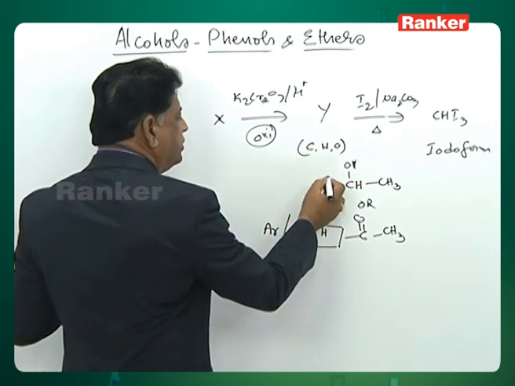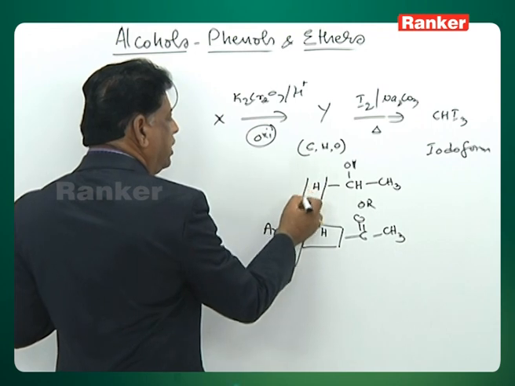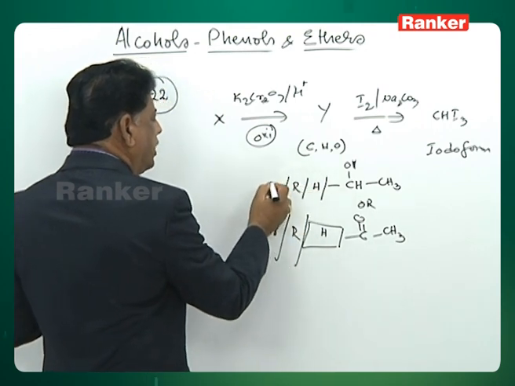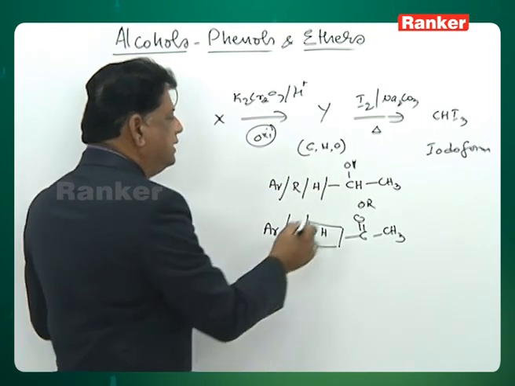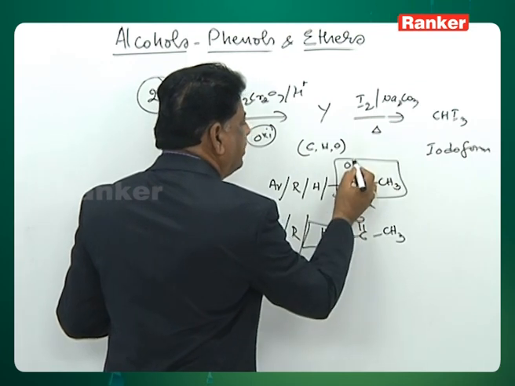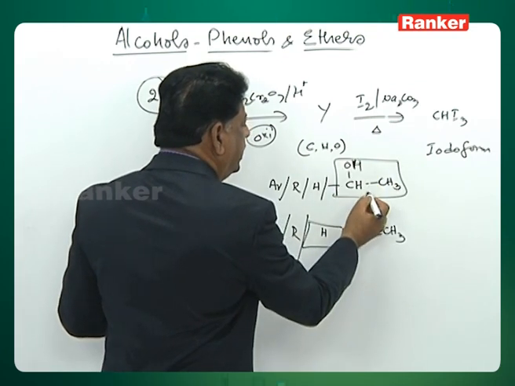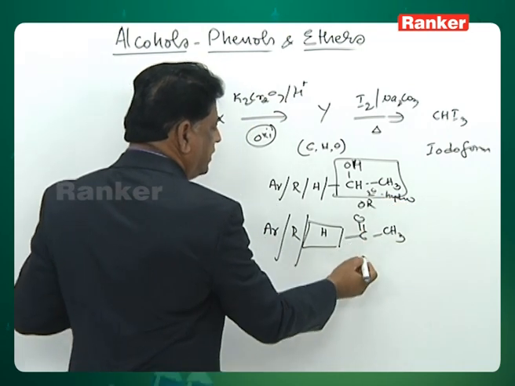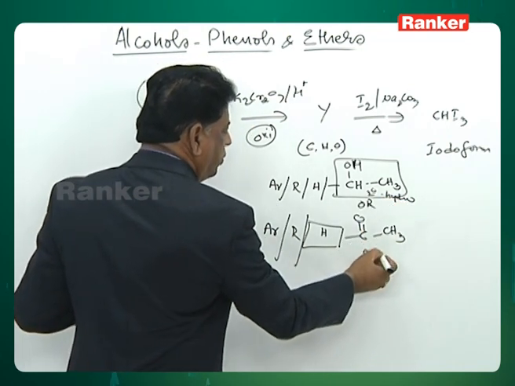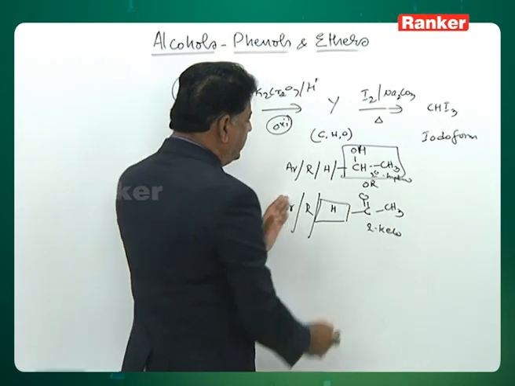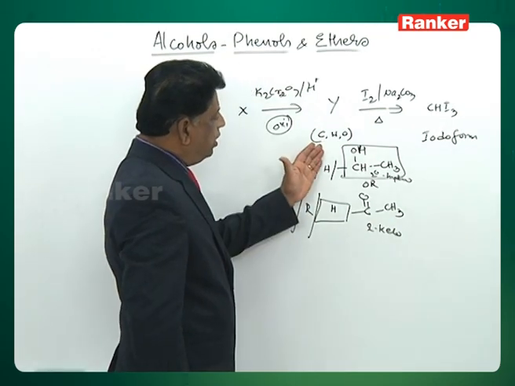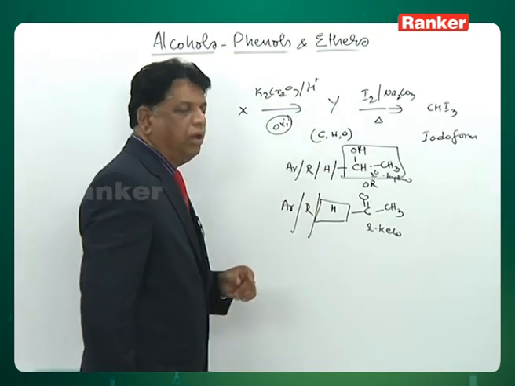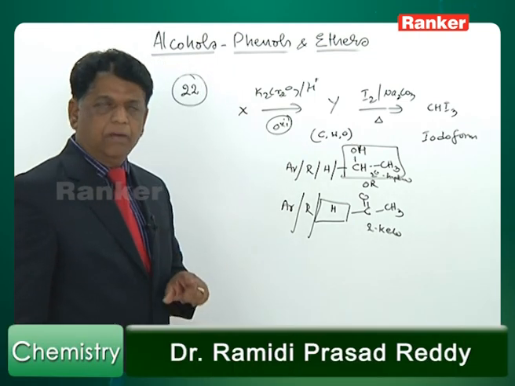Here also the same. But this particular function is described as what? 2 degree 2-hydroxy. This type is called a 2-keto. Except acetaldehyde. Here also, except ethyl alcohol, all 2 degree 2-hydroxy compounds will give it.